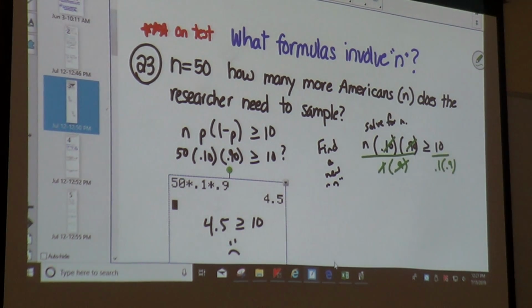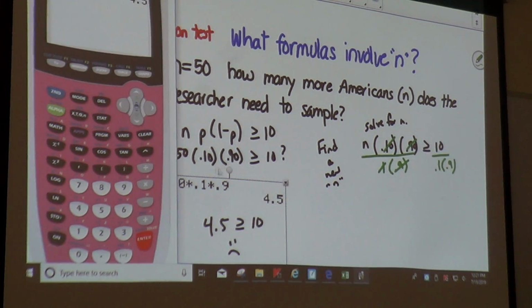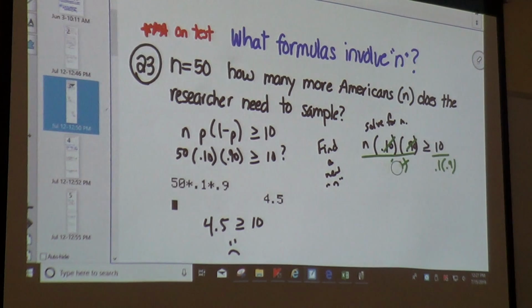Now, what I probably would have done is clean it up and then divide. So just pay attention to what I would have done, because you're probably going to get in trouble with the signs. Let me show you what I would have done. I try to clean up anytime I can.